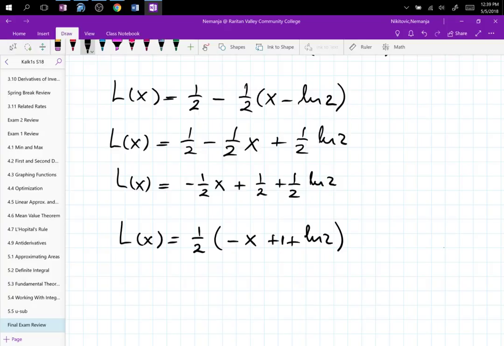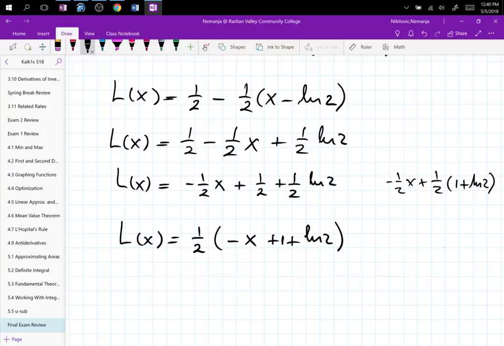Maybe you can have also negative 1/2 x plus 1/2 in parentheses 1 plus ln 2. There we go. So that one is even more of y equals mx plus b, because you have your m, your x plus b as a number. So that's that.